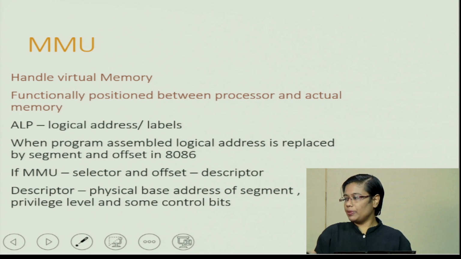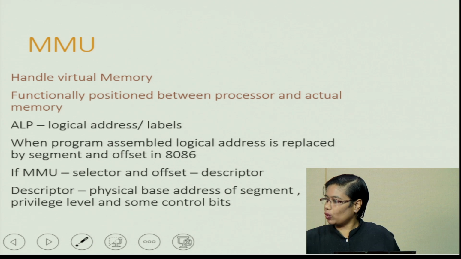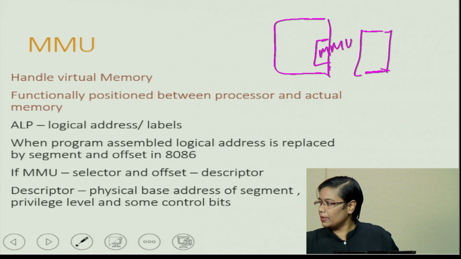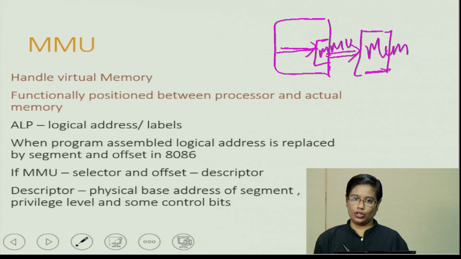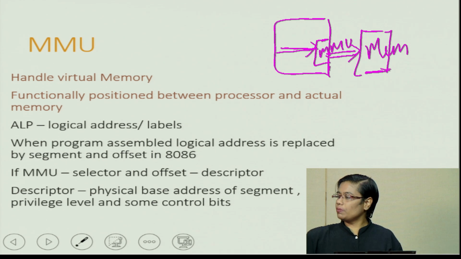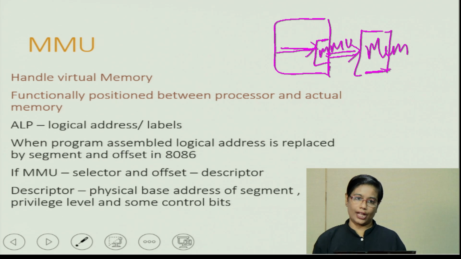Whatever address is generated internally by the processor will be taken by the memory management unit, translated, and given to the external memory. So we say functionally the memory management unit is between the processor and the actual memory.